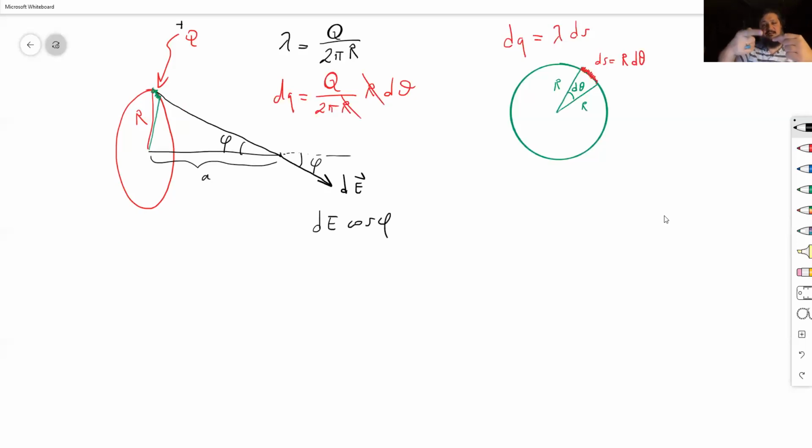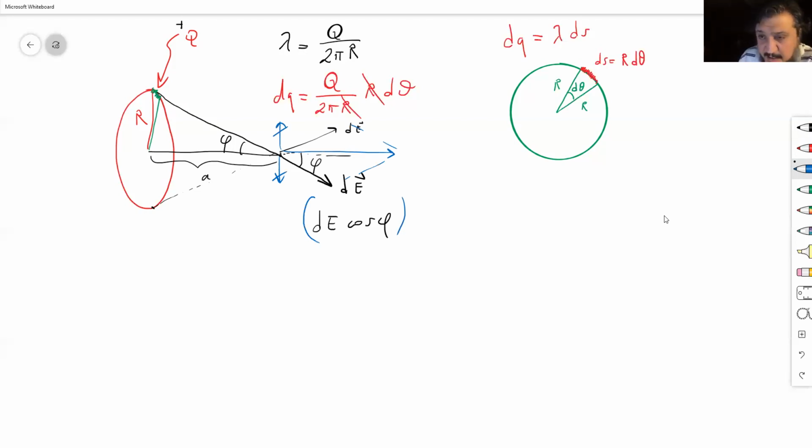Why? Because if you go around the circle, say over here, there's another dq with the same magnitude. Then you will have a dE that way, but those will have a y component that will cancel the other y component, but the x components will add. That's why I need a dE cosine phi there as well.